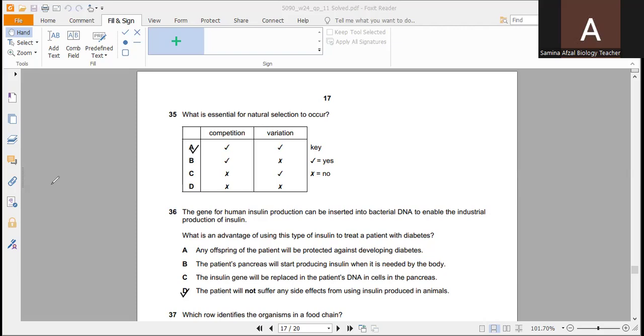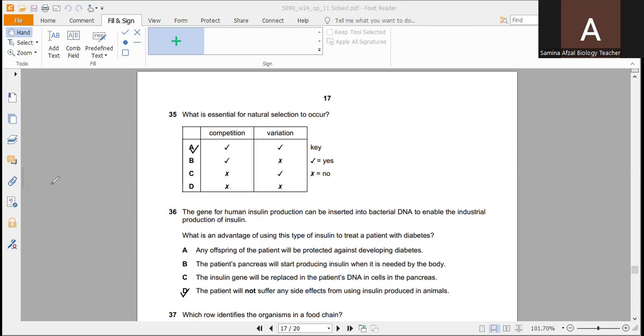If they are surviving, there must be differences among individuals within a population. Without variation, there is nothing to select for. Competition among them is for resources such as food, space and mates.